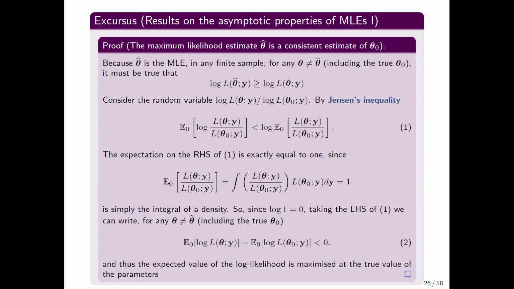The expectation on the right hand side is exactly 1, the integral of a density, and since the log of 1 is 0, we conclude that for any theta other than the true value, the expected log likelihood at theta is less than the expected log likelihood at the truth. In other words, the expected log likelihood is maximized at the true value of the parameters.